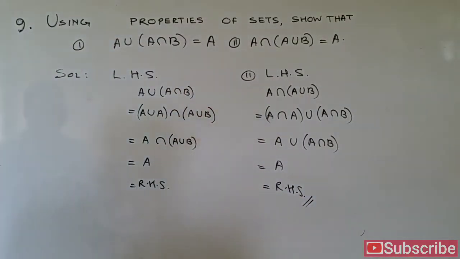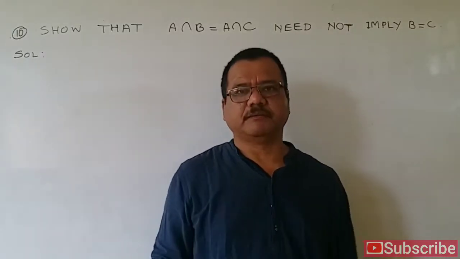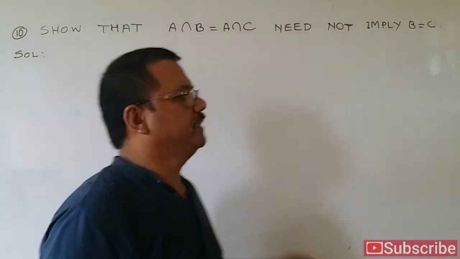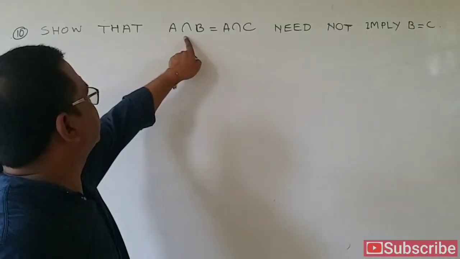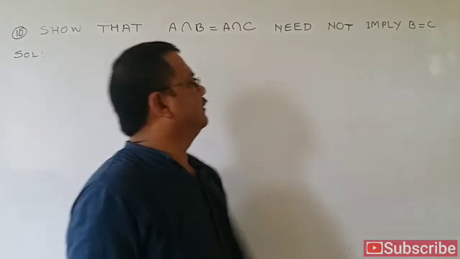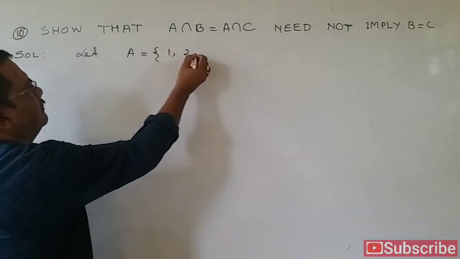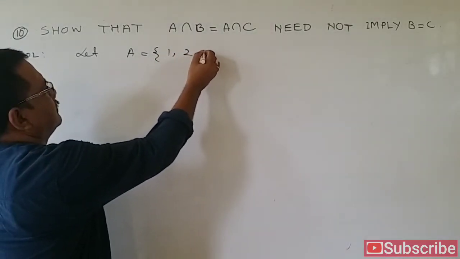So this is question number 9. Okay, let's move to the next question, question number 10. So what is here? A intersection B is equal to A intersection C need not imply B equal to C. Through an example we will show this. So for that, let us consider A equal to, suppose, {1, 2, 3}.